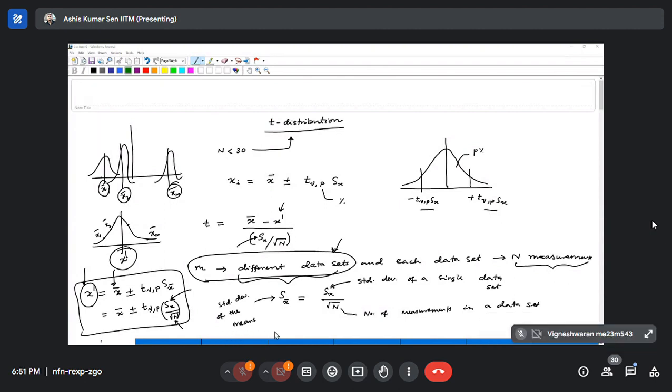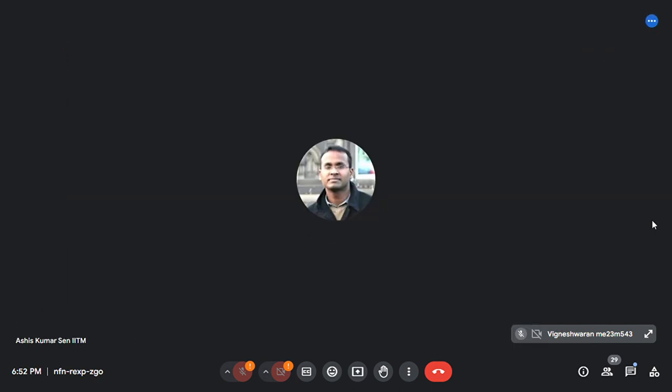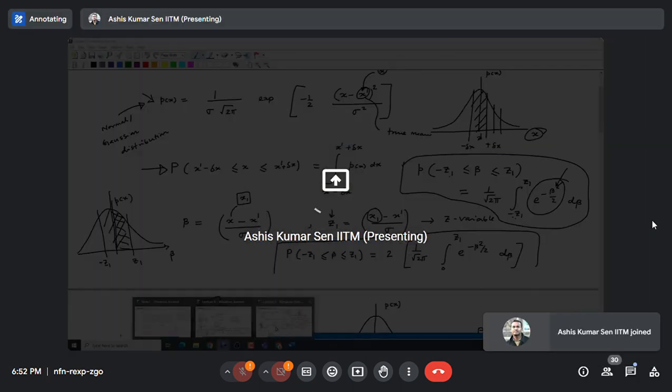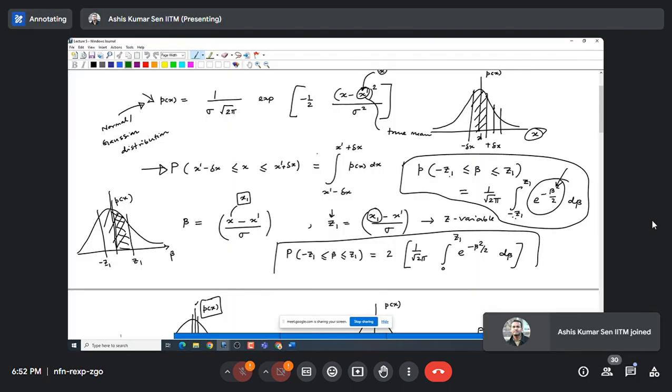Too many windows. Okay, so now you can see, right?